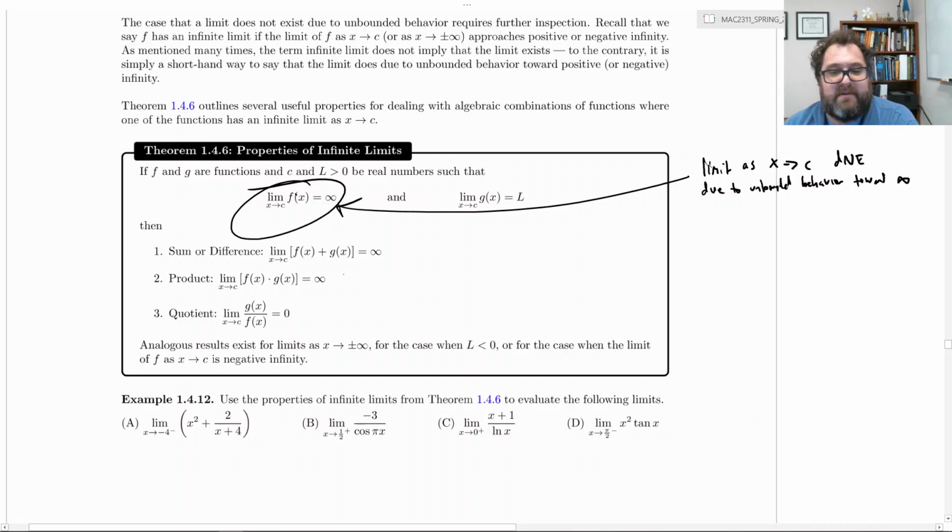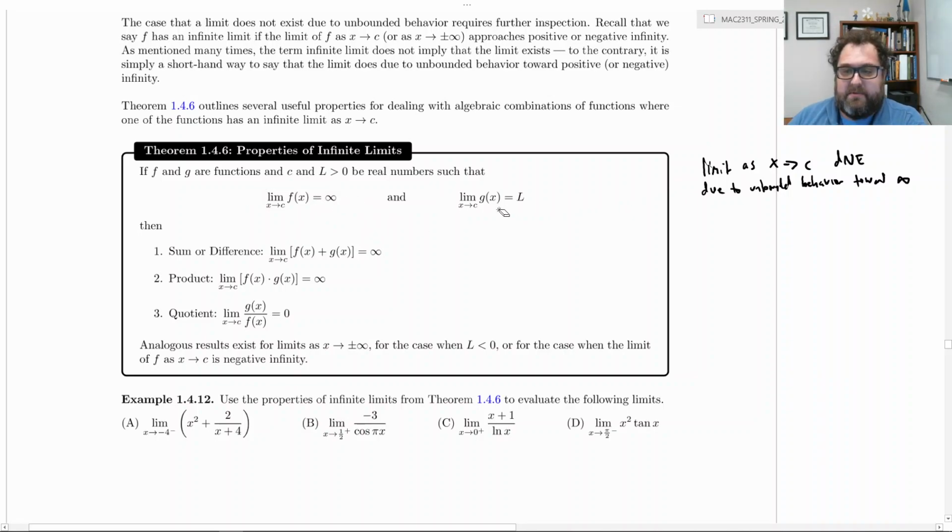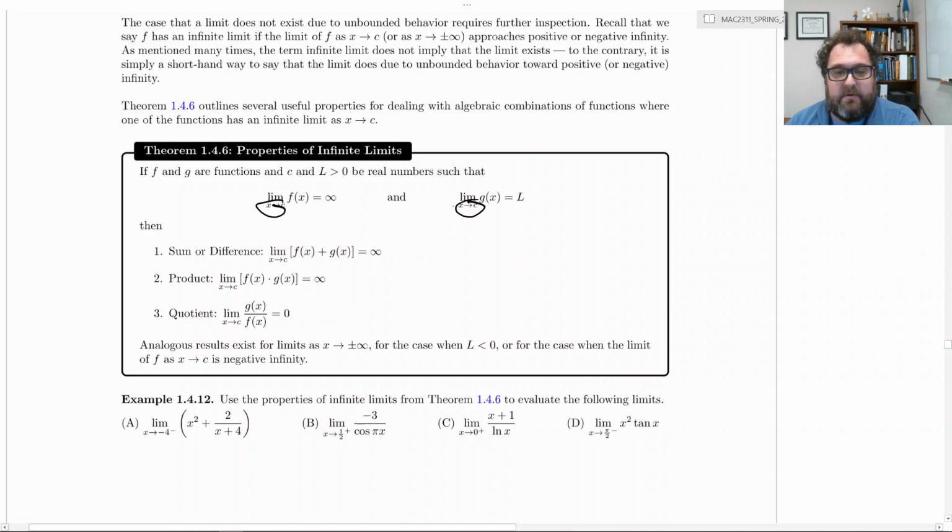We have three properties here. First one says, if you have two limits, and what's our assumption here? We have one limit that's infinite and one that's finite, approaching x equals c in both cases. We have two different functions: the limit of f as x approaches c is infinite, but the limit as x approaches c of g is finite.